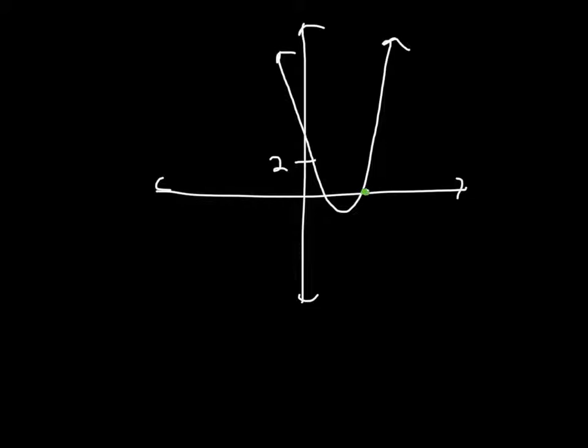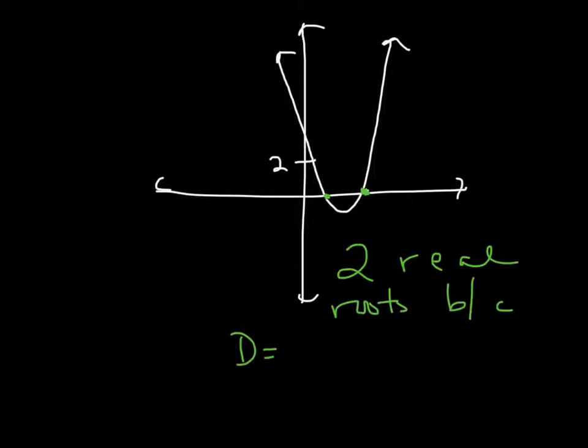If you figure out the decimal for that 1 plus or minus radical 3 over 3, this should be the larger one right here, the 1 plus that, and this one will be the 1 minus the square root of 3 over 3. So you can see when you graph it, you do get two real roots, and that's because the discriminant, which is just the number under the radical, happened to be greater than 0.